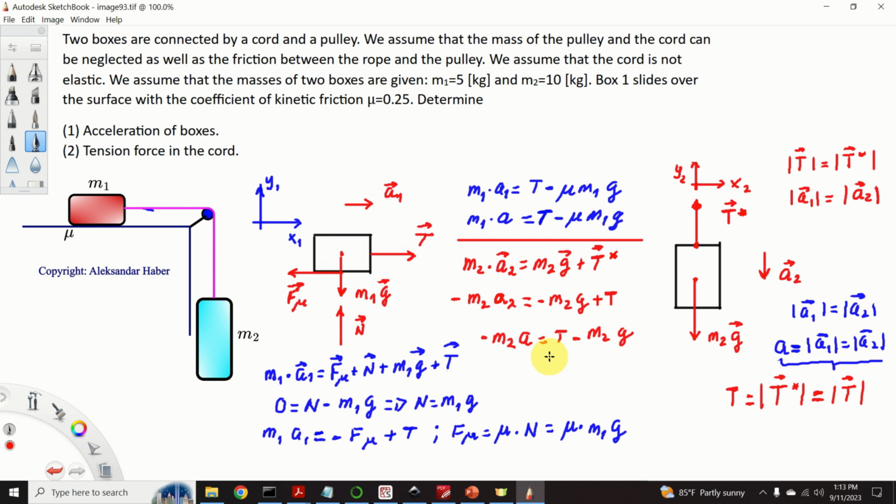By multiplying this equation with minus 1, we obtain the second equation. m2a is actually equal to, let's see, m2g minus T. And this is the second equation. And this was the first equation over here. We will use these two equations to compute A and T.